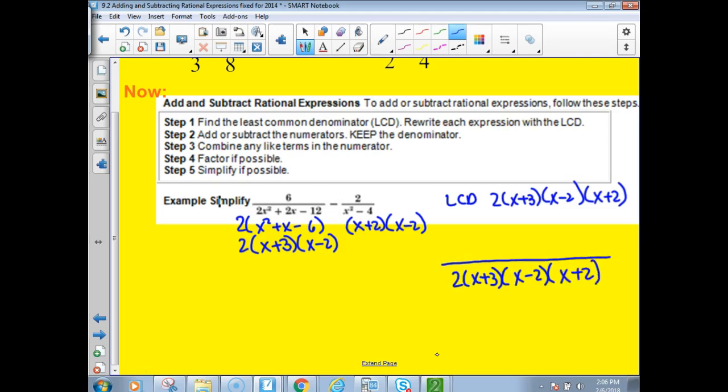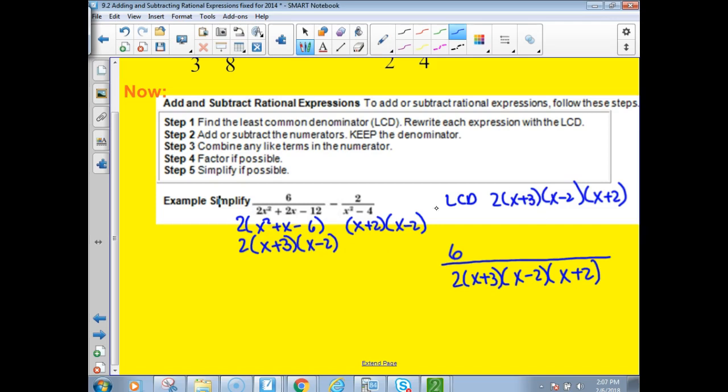Okay, now, the first fraction has a 6 in the numerator. So I'm going to write down the 6 because I have to combine my fractions. If you look at the denominator, what does this denominator not have that the new one, the LCD, does have?